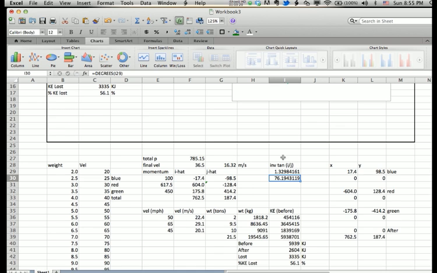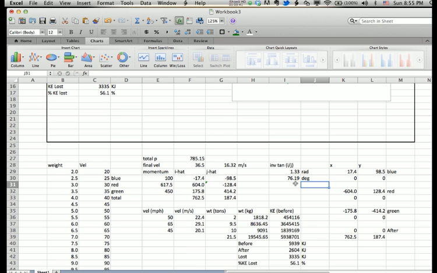And highlight both of these. Okay, this one was in radians. This one was in degrees.